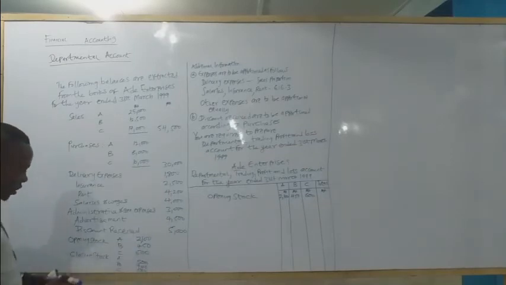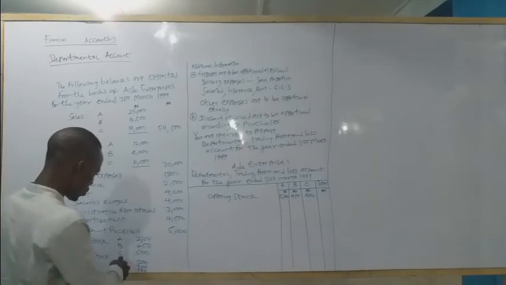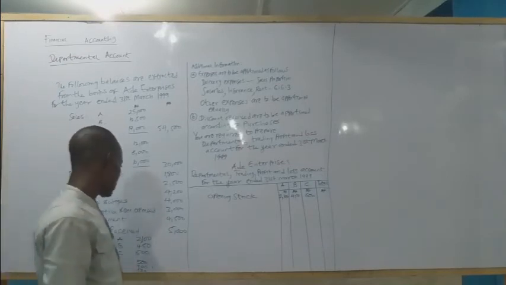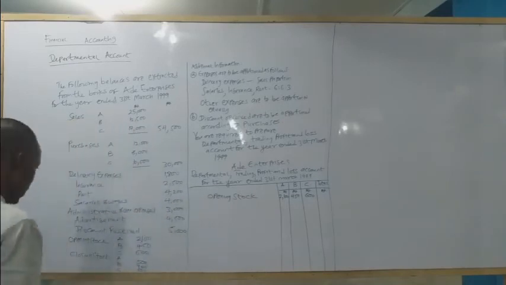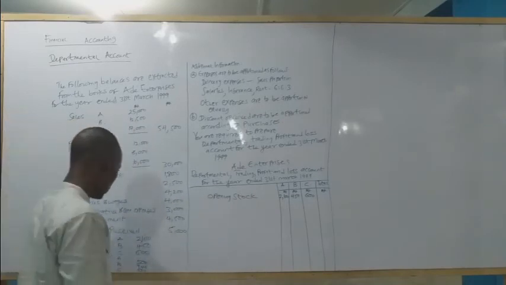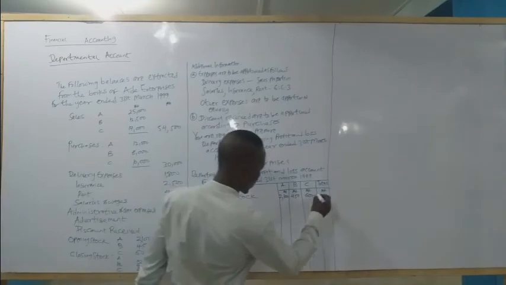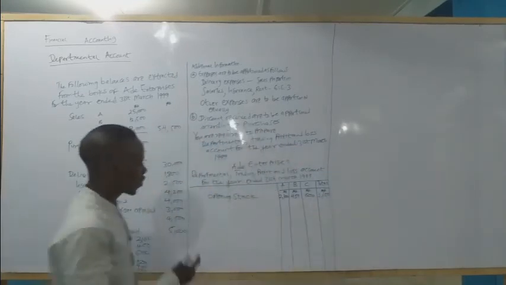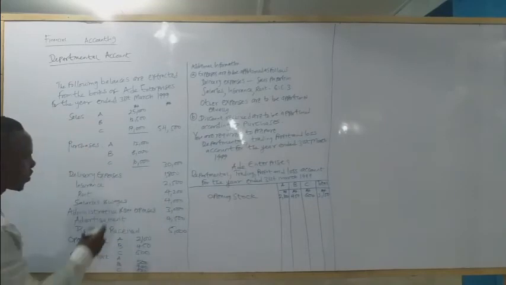When you add all these three, you get the total opening stock to be 3,150. Then after opening stock, we do what?